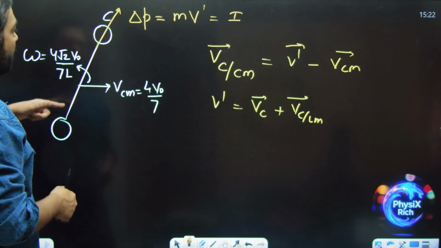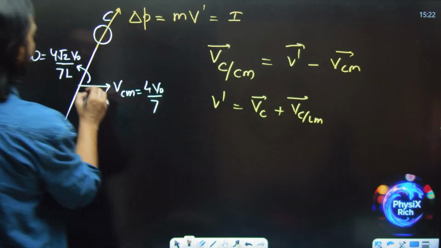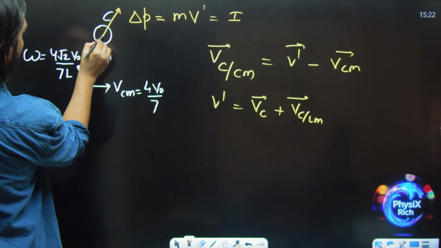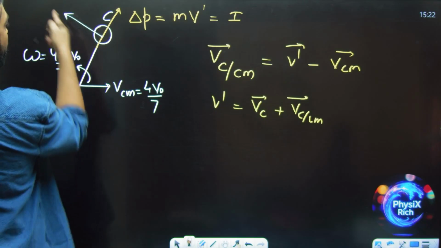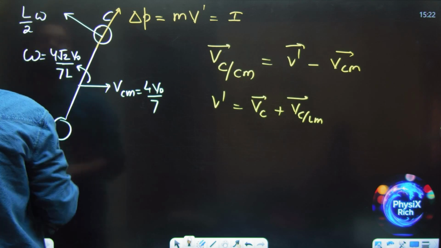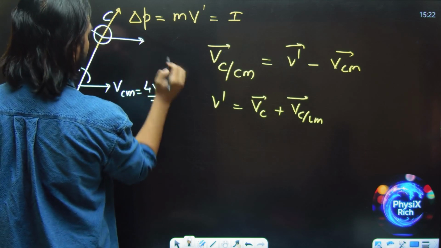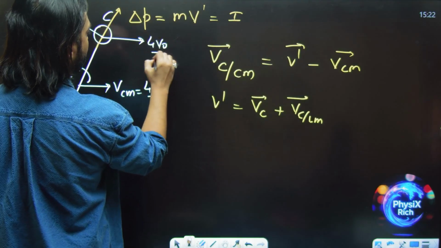So in the frame of center of mass, guys, it has a velocity vector in this direction, which is here. And you know what this will be? This will be L by 2 omega. And also it will have a velocity in this direction, which will be 4 V naught by 7.